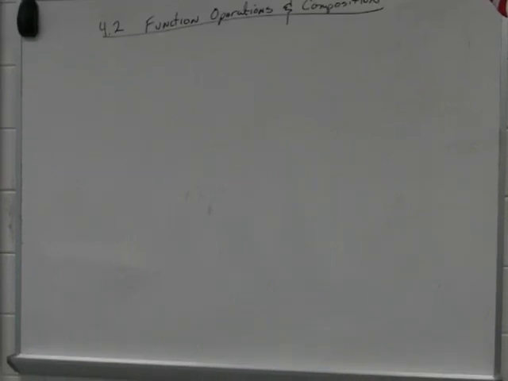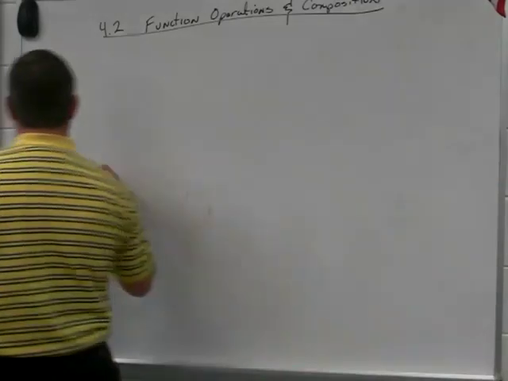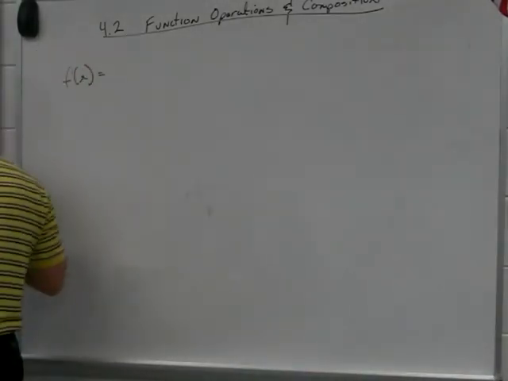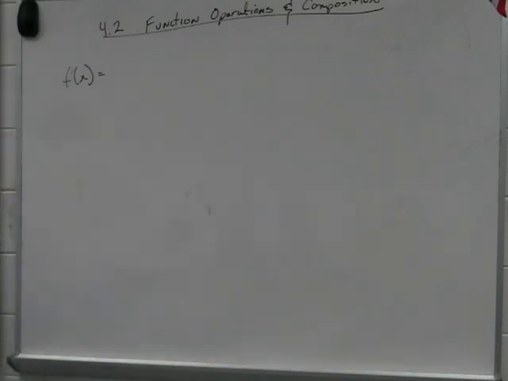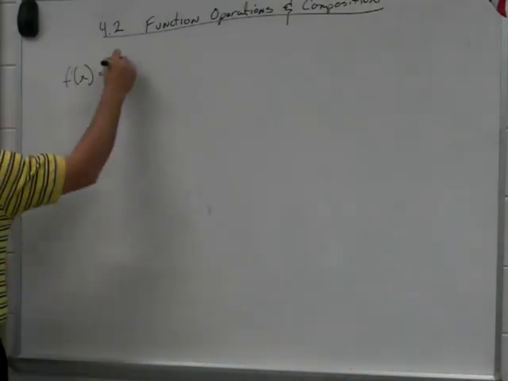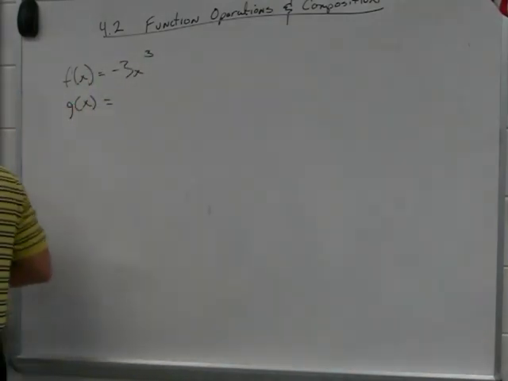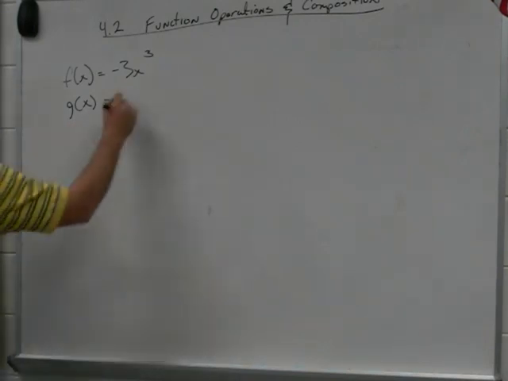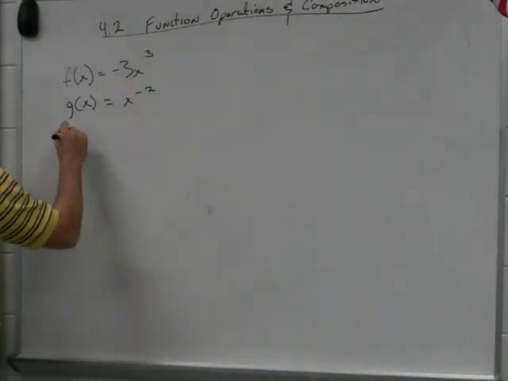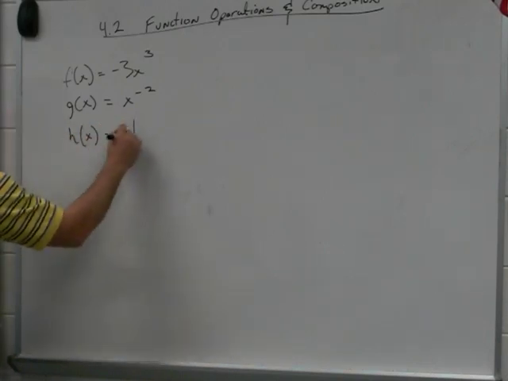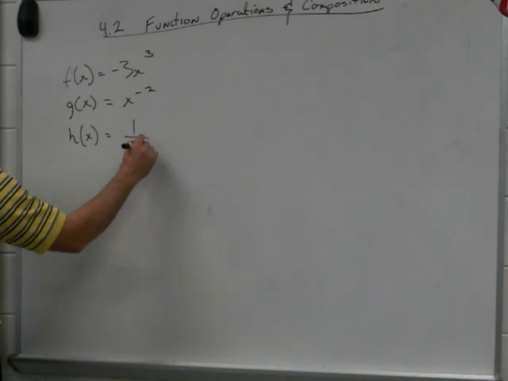Alright, this is chapter 4, section 2: function operations and composition. Remember what a function is, how it is defined, how it's read out. For example, f of x equals negative 3x cubed, g of x equals x to the negative 2, and h of x is equal to 1 over x to the negative 2.